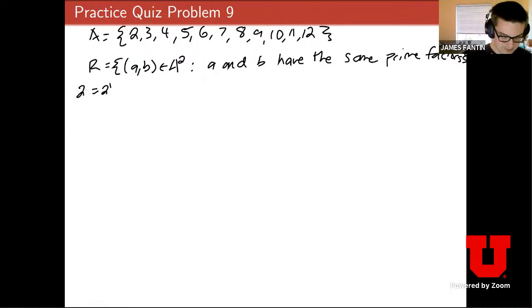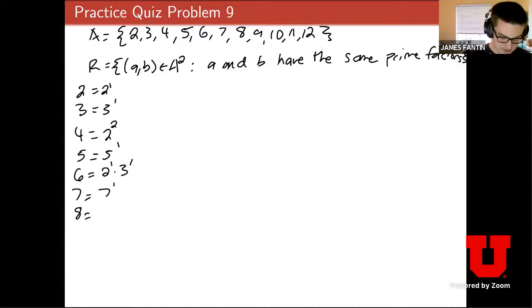So 2 is equal to 2 to the first. 3, that's just 3 to the first. 4 is 2 squared. 5 is 5 to the first. 6 is 2 to the first times 3. 7 is just 7 to the first because it's prime. 8 is 2 to the third. 9 is 3 squared. 10 is 2 to the first times 5 to the first. 11 is just 11 to the first because it's prime.